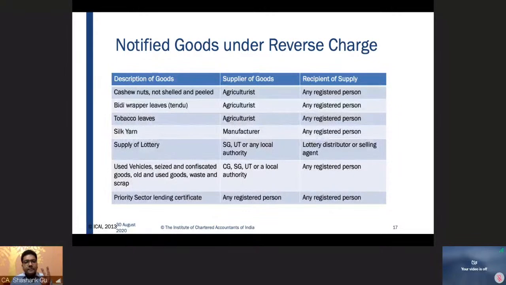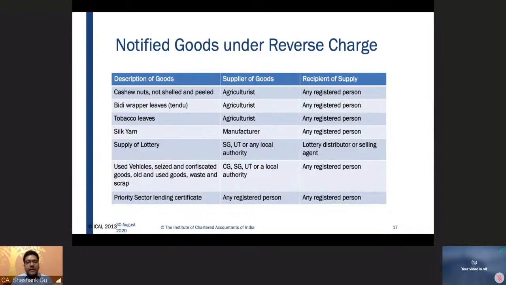Second is that the supplier should be covered within the specific description of the supplier. And third is that the recipient should be covered within that category of being a recipient. So first, description of goods, it says cashew nuts not shelled and peeled.